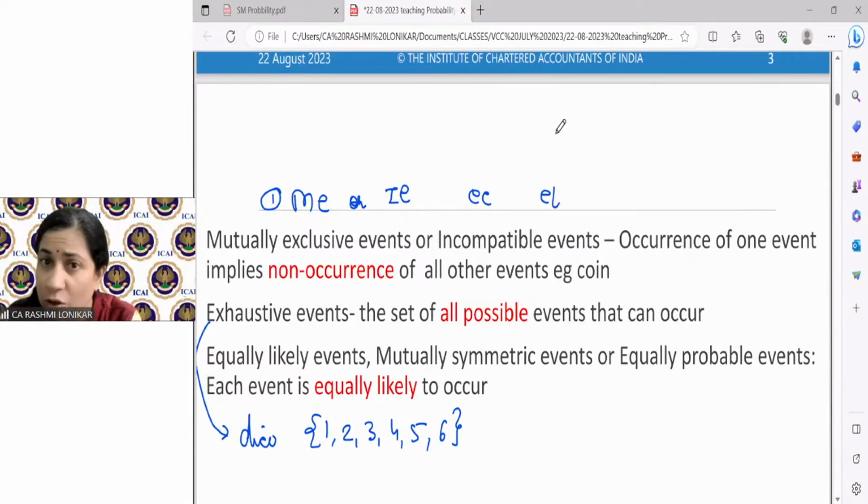Then you have exhaustive events. Exhaustive means that with that experiment, when I've covered all the different possibilities, we say it's exhaustive, and usually that number is given in the denominator. Then equally likely events means that when all other things are the same, every possibility has an equal chance of occurring.